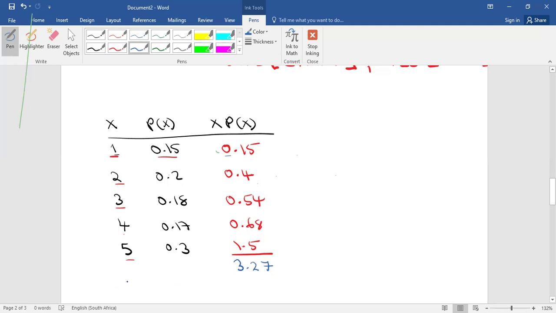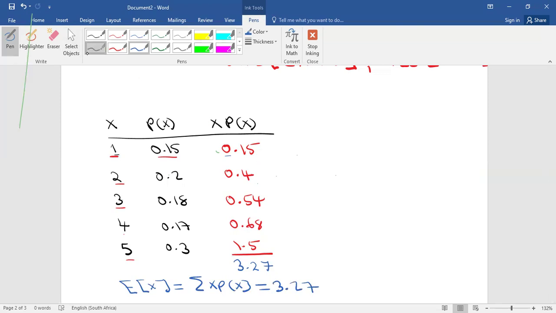So it means that, remember, our formula for expected value is summation of x times px. This is the formula. So what we've just done is we've summed up the xpx. So the expected value we've computed is 3.27.